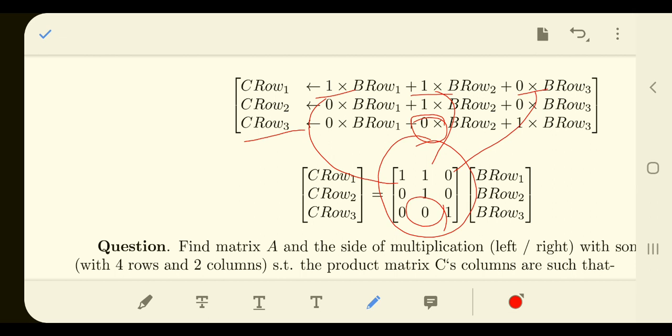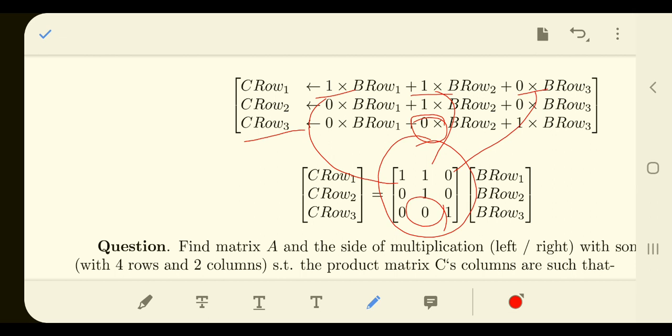If you take a B matrix with some rows, and you want to make C a linear combination of B's rows, then you can prepare a multiplier matrix, which will be multiplied from the left hand side of B, so that C can be generated. So the job that you have now is to find this particular matrix which can generate a certain linear combination of rows of B.